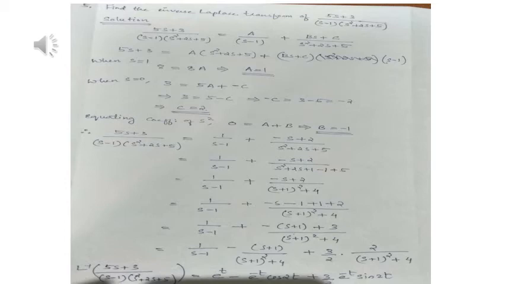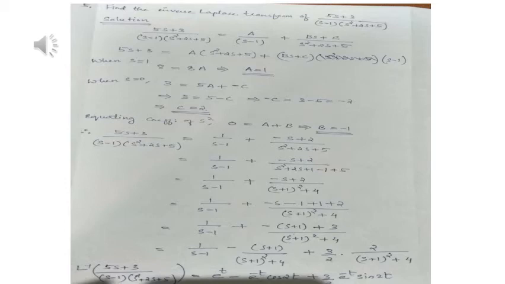Now in order to apply the first shifting property for inverse Laplace transform, and also since there is an s in the numerator, we can subtract a 1 and add a 1, because in the denominator it is (s + 1) the whole square. So in the numerator, instead of s, it should be s + 1.